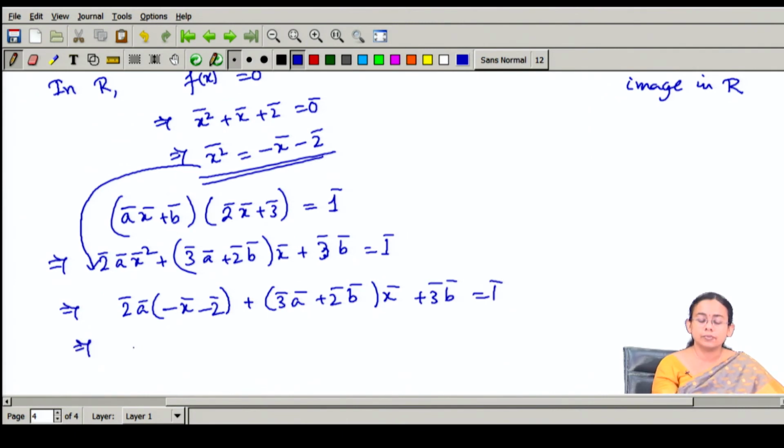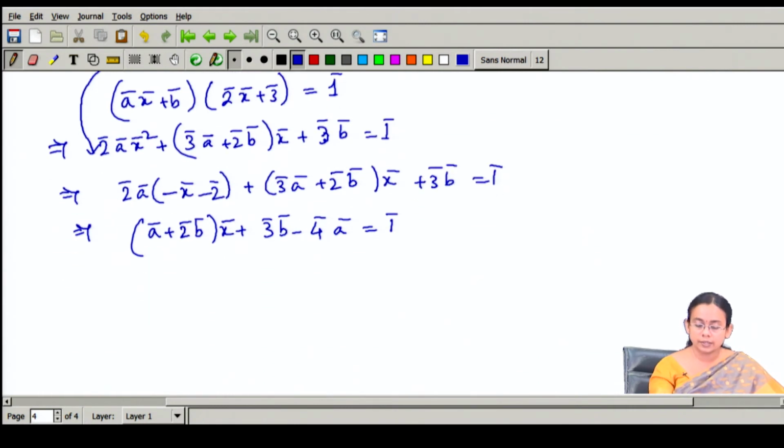This if I further expand and rewrite, then I will be getting a bar plus 2 bar b bar times x plus 3 bar b bar minus 4 bar a bar equal to 1.